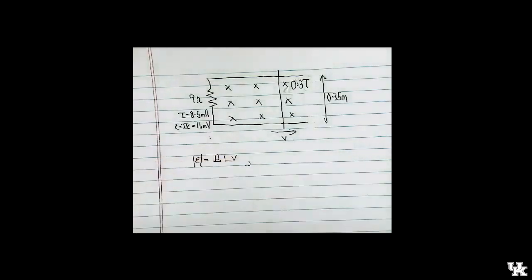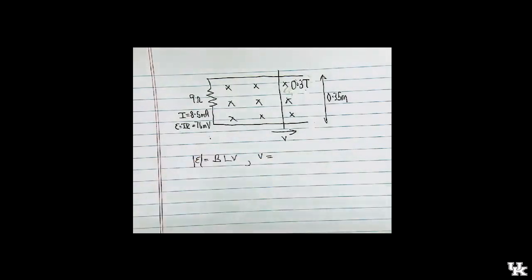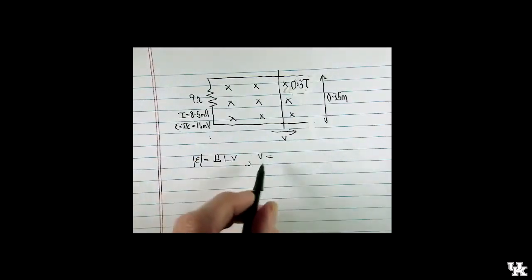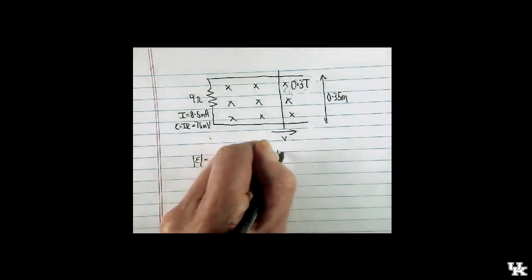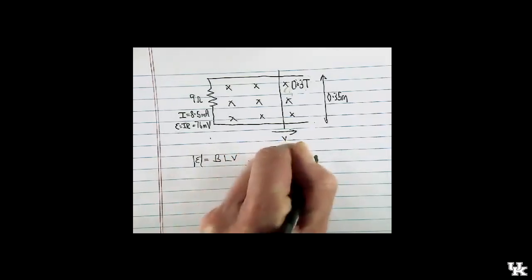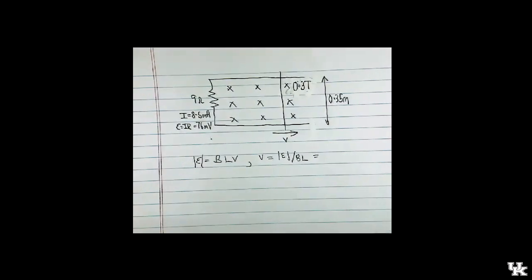Well, if I look at this equation, we know how to do this. If we want V, the speed, we can just divide through by the magnetic field and the length of the rod. We know those quantities. And that speed will be the EMF divided by the B field divided by the length of the rod. Every one of those quantities I know, right?